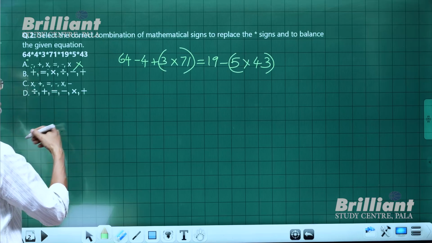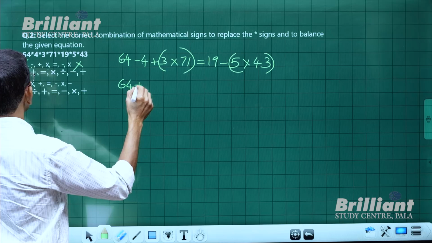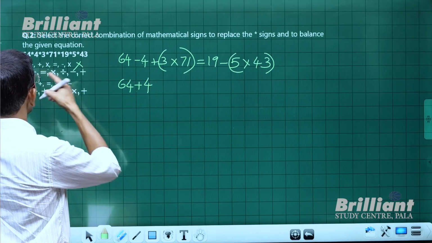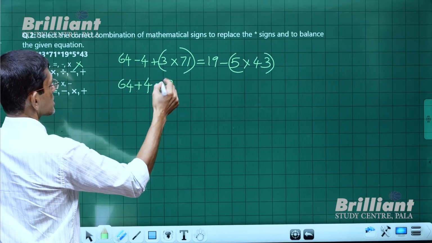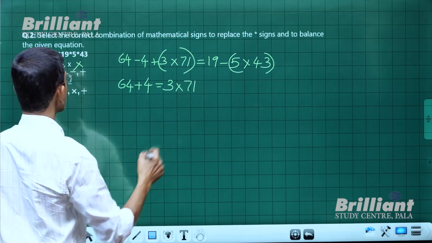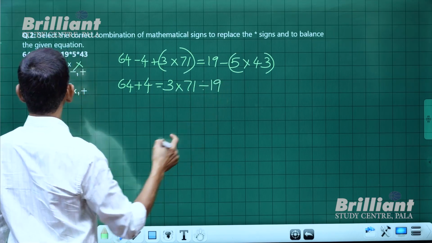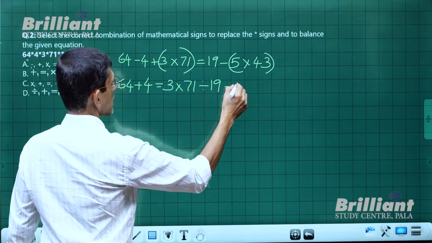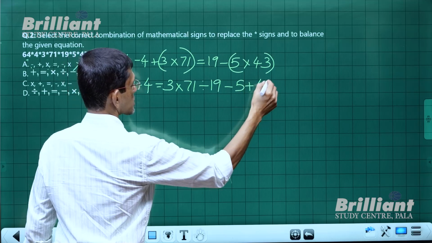Now let's take a look at the second one. 64 plus 4, and this is equal to 3 into 71, then divided by 19, then minus 5, then plus 43.